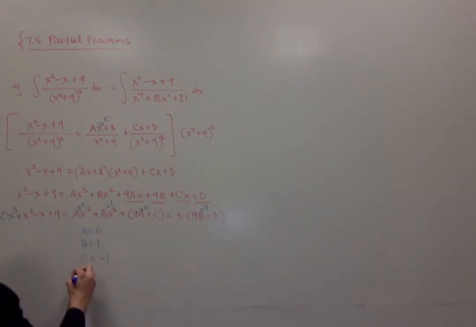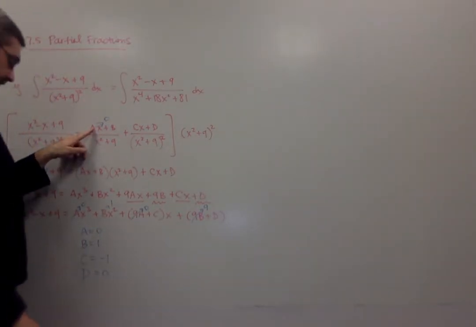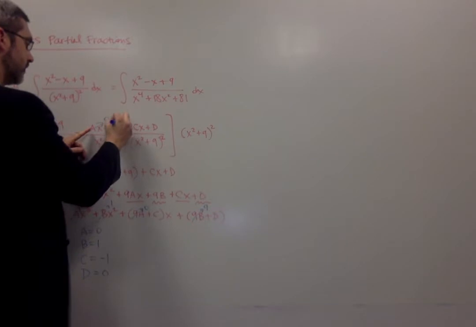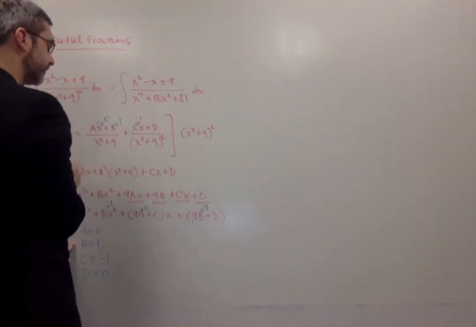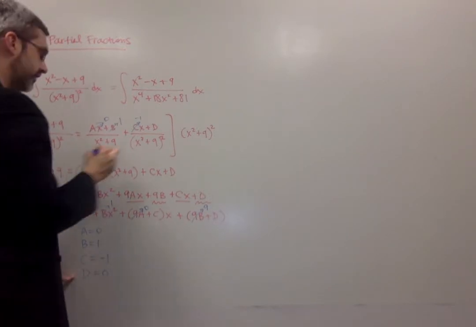So what does that tell you? D has to equal 0. So what's actually happening here, the a term is 0, the b term is 1, the c term is negative 1, and the d term is 0.